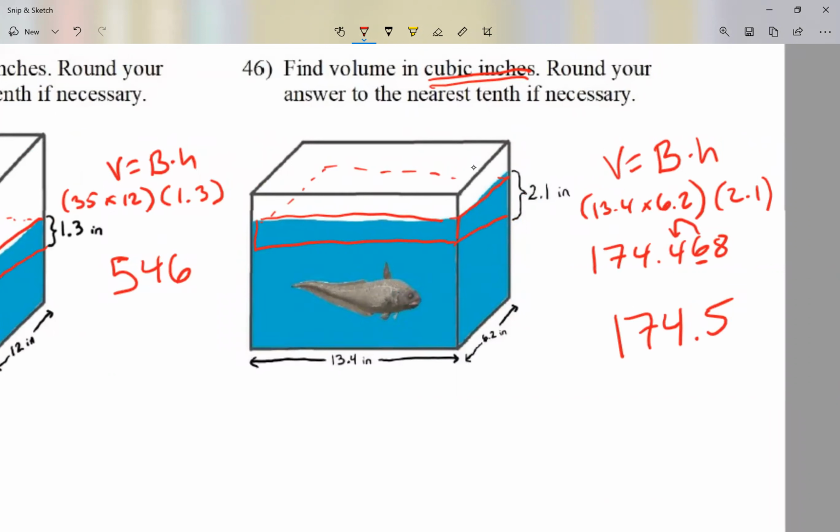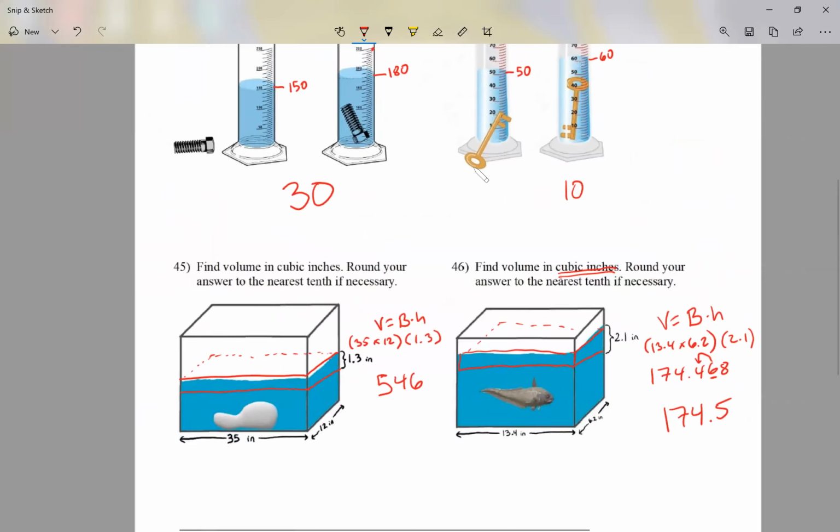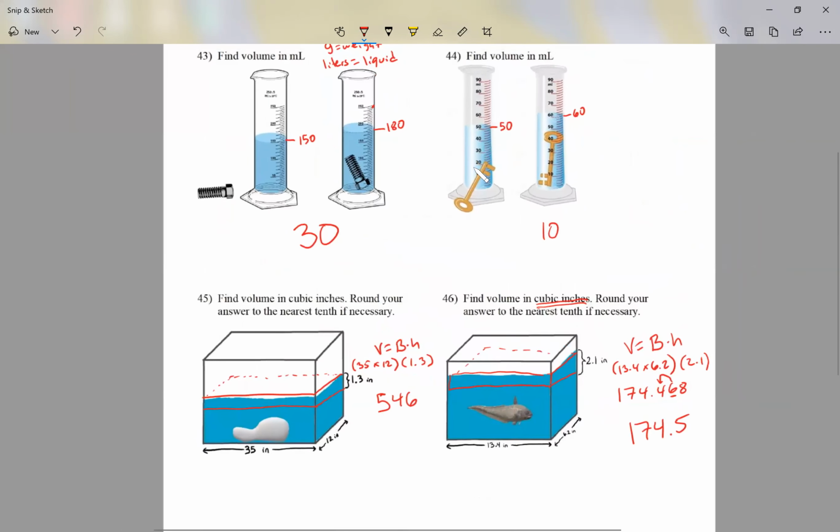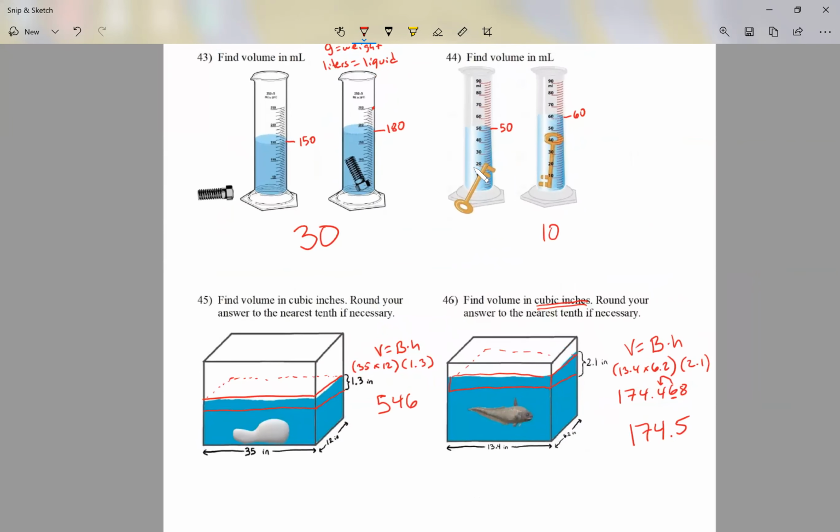So I want you guys to remember it is a prism where you're looking at area of the base and how much did the water rise. So far, so good. Volume, I'm not quite done yet. When I'm looking at milliliters on questions 43 and 44, I'm just looking at how much did the water rise, right?